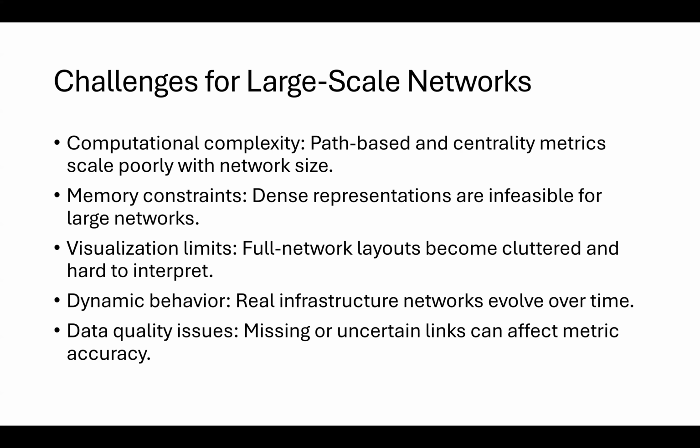Path-based metrics such as average shortest path length and betweenness centrality scale poorly when the system is really large. So that's a problem, and for very large networks, the computations become expensive.